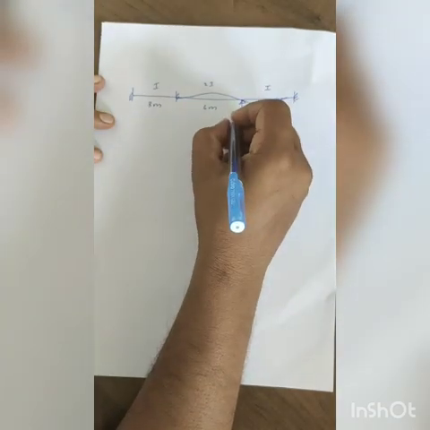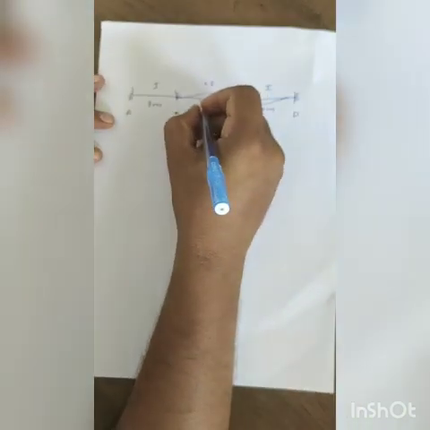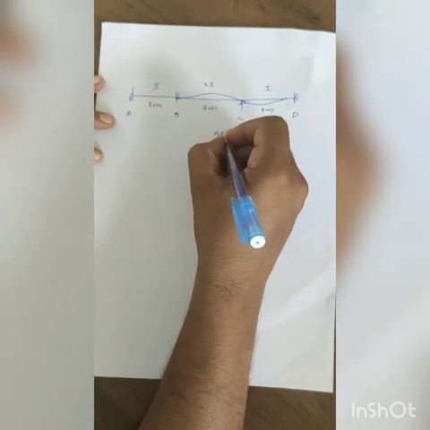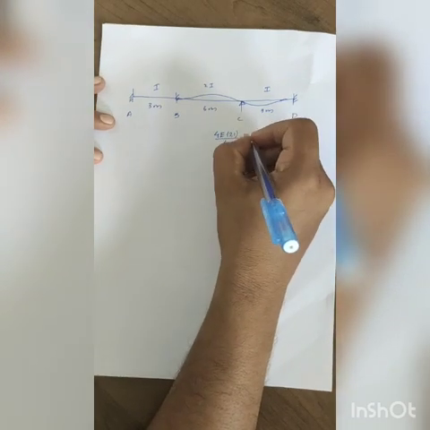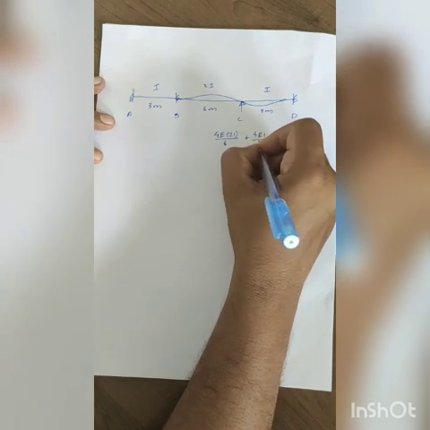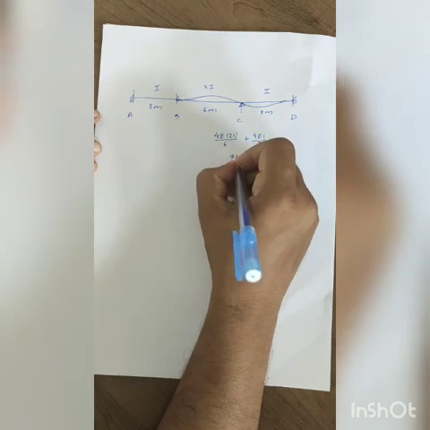Now the moment contribution from A, B, C, D. The moment contribution from BC is again 4E into 2I by L, which is 6, plus the moment contribution from C, which is 4EI by 3. So the total moment is again 8EI by 3.